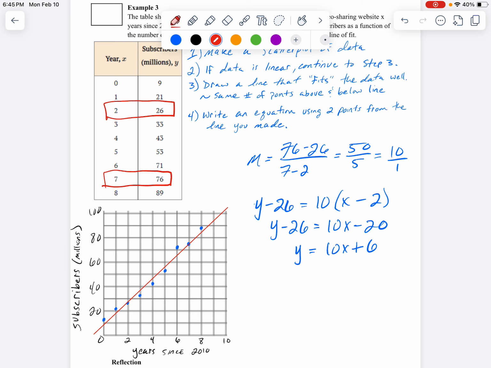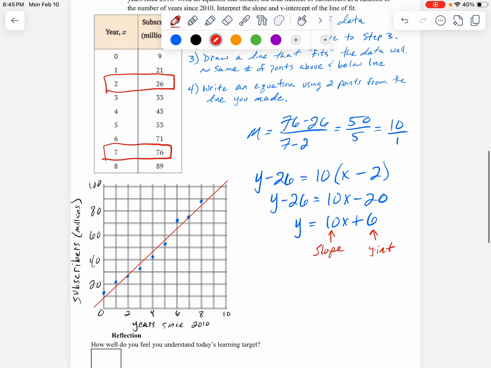So now we've got our slope and we've got our y-intercept. What do these things mean? The y-intercept is always the point that's on the y-axis. So that is 0, 6. In terms of our situation here, that would be in the year 2010, there were 6 million subscribers.